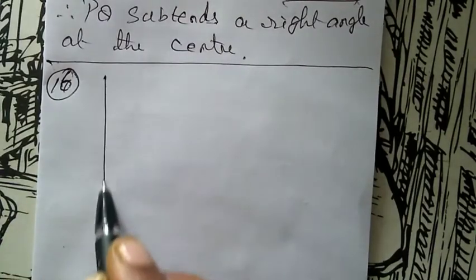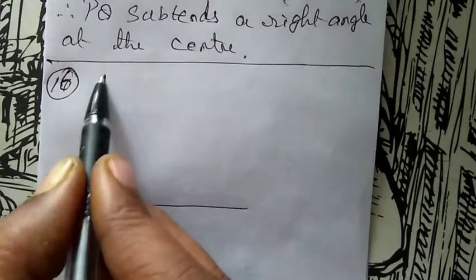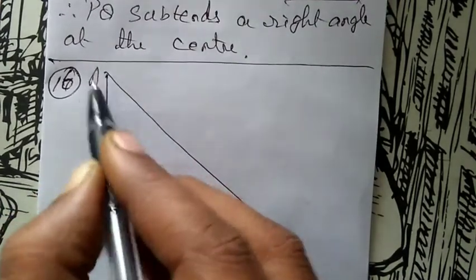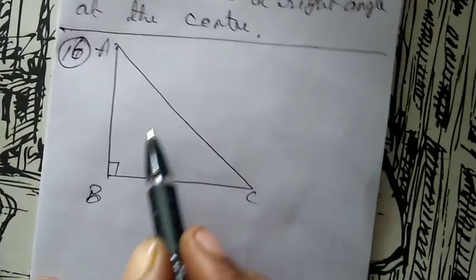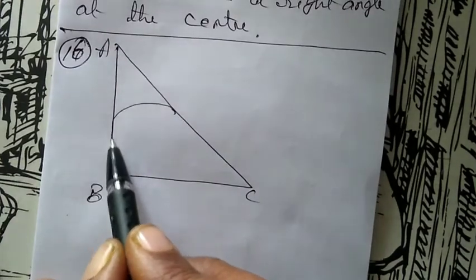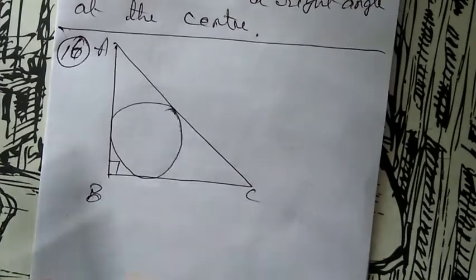So they have given a triangle ABC right angled at B, and there is a small circle inscribed in the triangle.